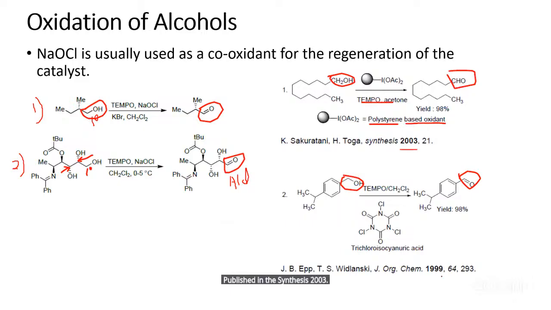In 1999, this TEMPO was used for the oxidation of a benzylic alcohol. This is the benzylic alcohol. In the presence of trichloroisocyanuric acid, it gives formation of an aldehyde. That means you can easily prepare aromatic aldehydes and ketones from a benzylic alcohol using TEMPO as an oxidative reagent.